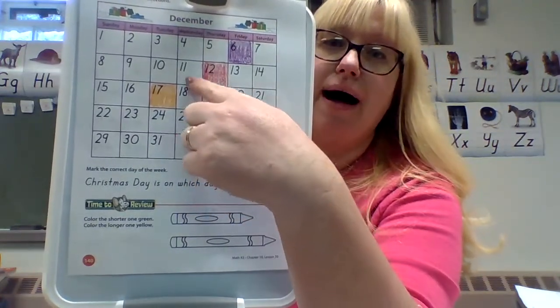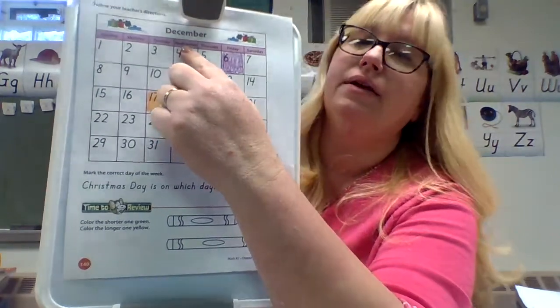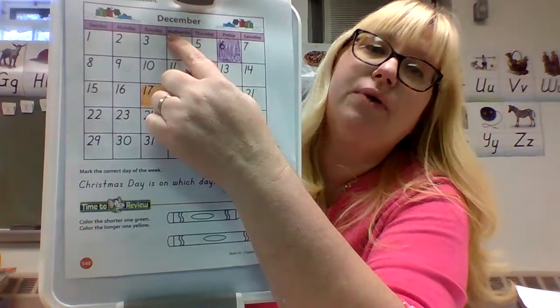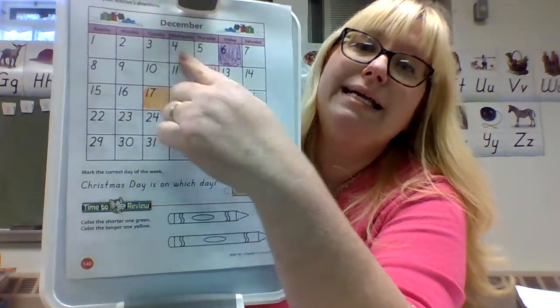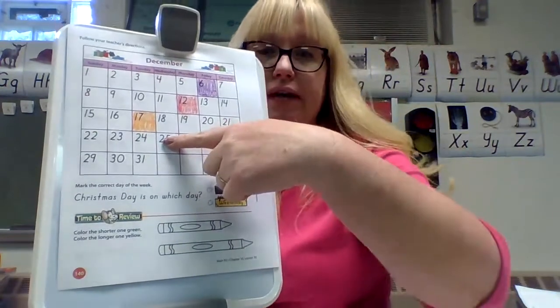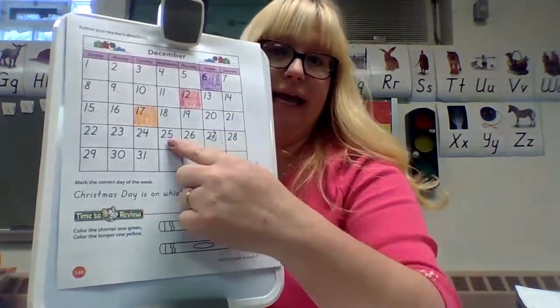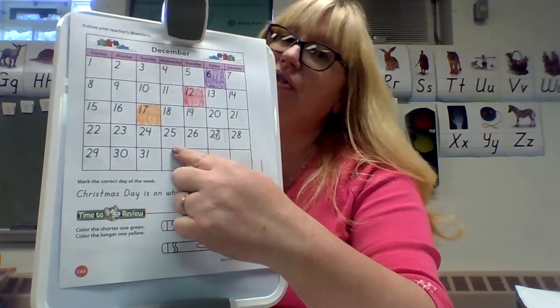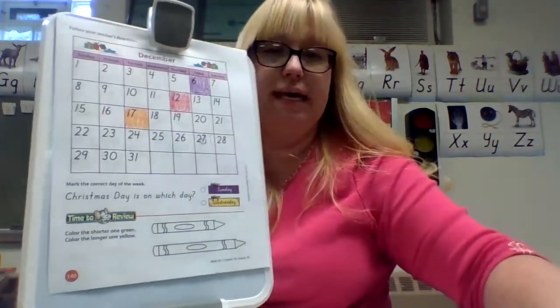So you're going to go up. So let's just look at this saying, which one starts with a W? Wednesday. So they want you to color that one green. I forgot to tell you to grab your green crayon. Color Wednesday, December 25th, also known as Christmas, green.